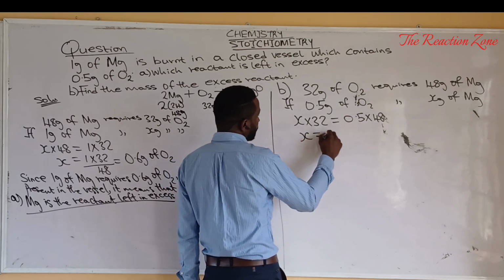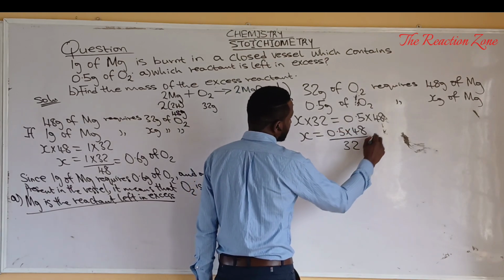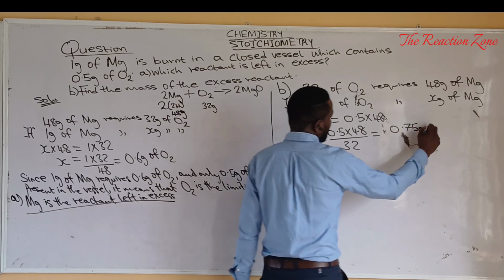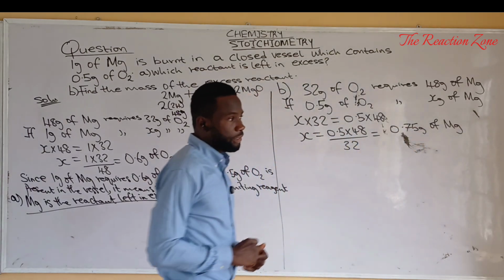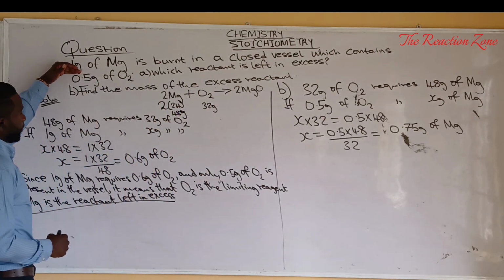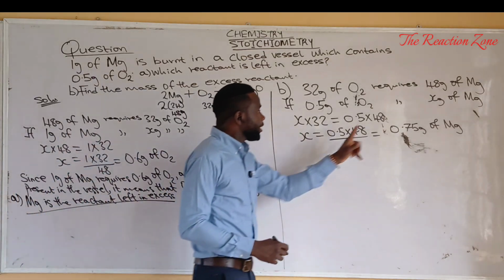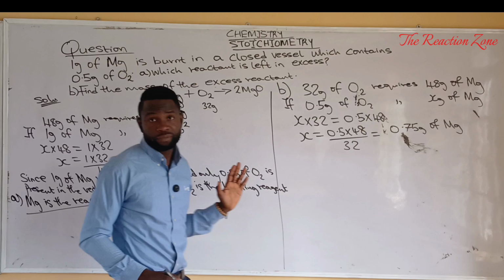Therefore, X in this case will be 0.5 times 48 over 32, and this will give us 0.75 grams of magnesium. So what this means is that out of this 1 gram of magnesium, 0.5 grams of oxygen will only react with 0.75 grams of magnesium.